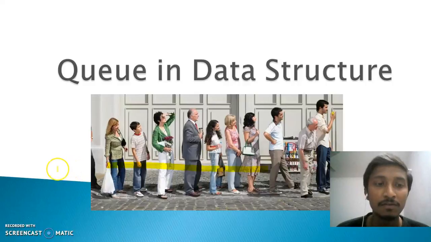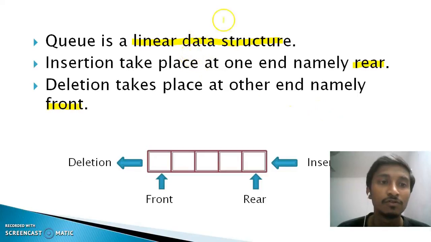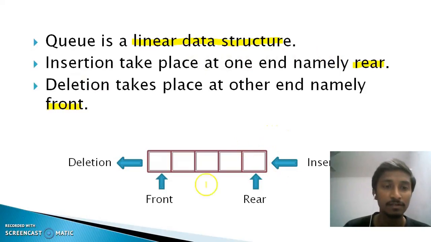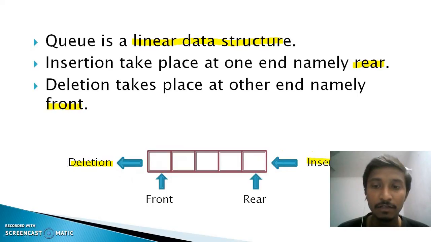Always a person enters from the rear side and comes out from the front side. Same in this queue data structure. Deletion takes place at the front and the insertion at the rear. This is also an example I have made. At the front deletion and the insertion at the rear.